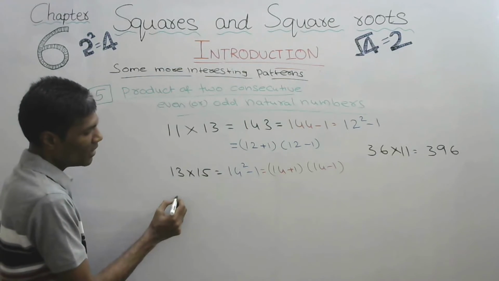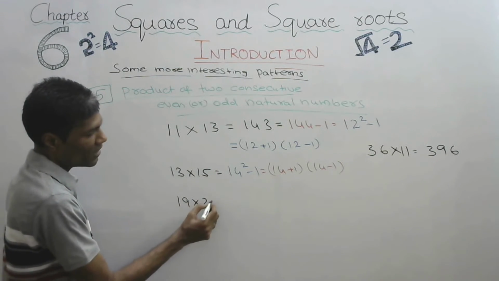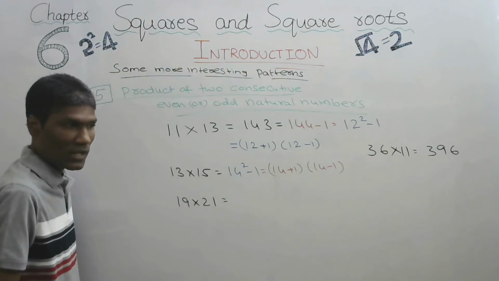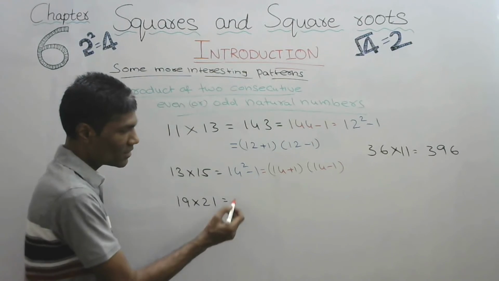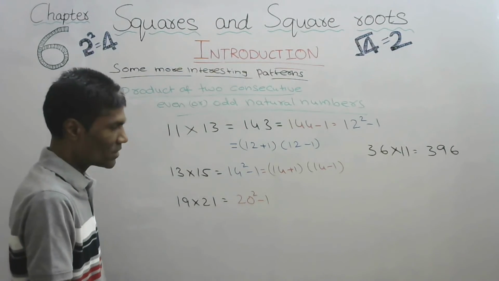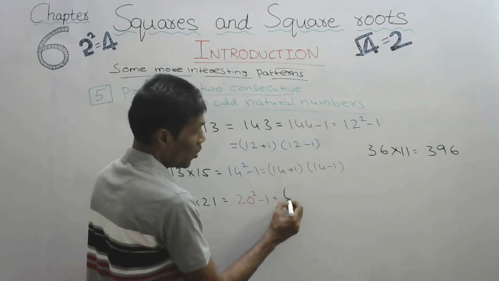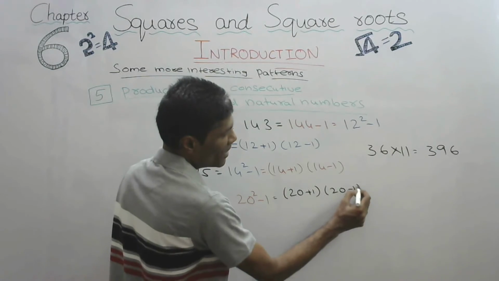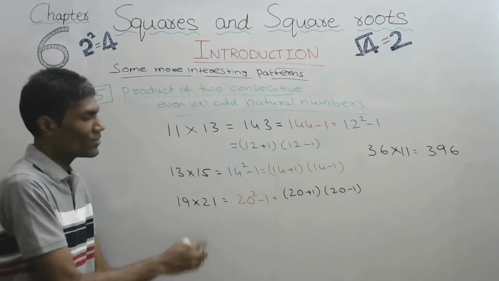Say for example 19 into 21, a bigger number we are taking. What is the middle number? 20. So this can be written as 20 square minus 1, or also as 20 plus 1 into 20 minus 1. Like this we can write.